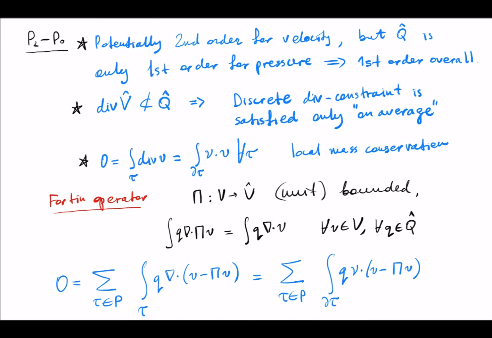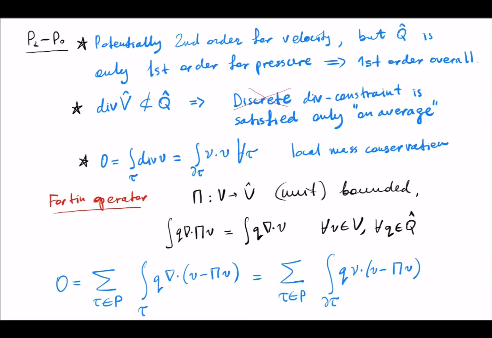Now, the second point is that the divergence of the velocity space is not included in the pressure space, because there are quadratic vector fields, and there is going to be in general some linear component in the divergence of that vector field. So the divergence constraint is satisfied only on average. Actually, I think we should not say it's the discrete divergence constraint.